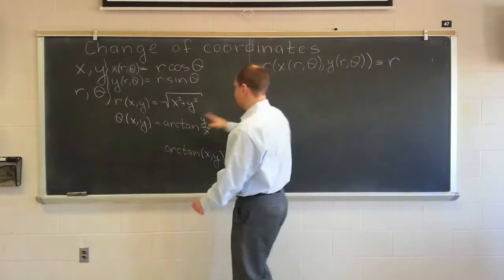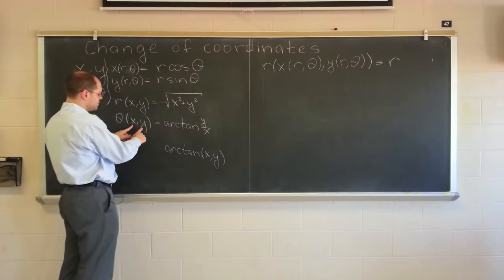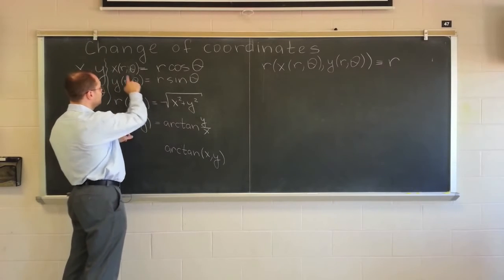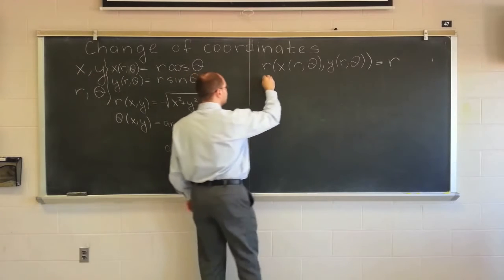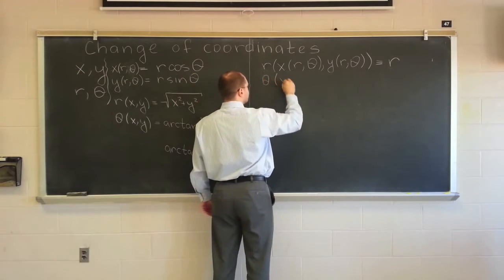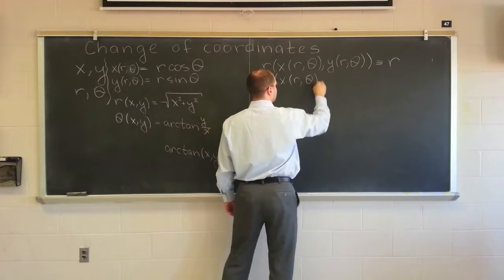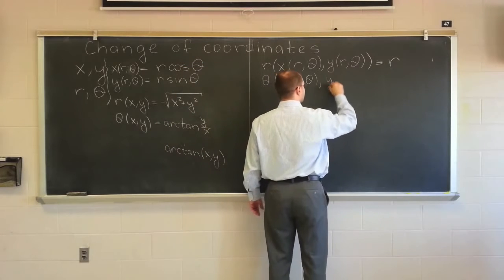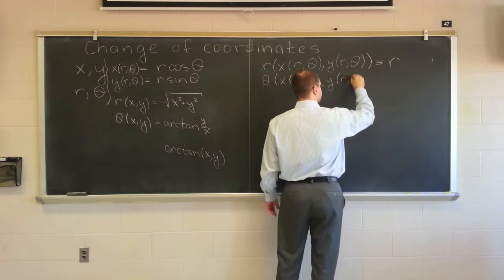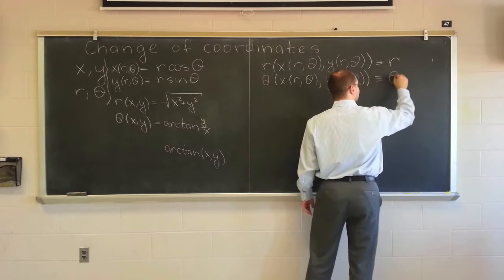Okay, let's write down the same thing for theta. So if we take this function and plug into this function, form a composite function of how x and y depend on r and theta, we'll recover theta. So theta as a function of x, where dependency of x and r and theta is plugged in, and y identically equals theta.